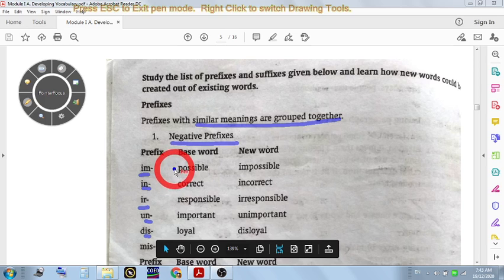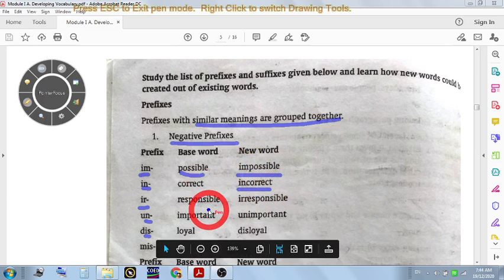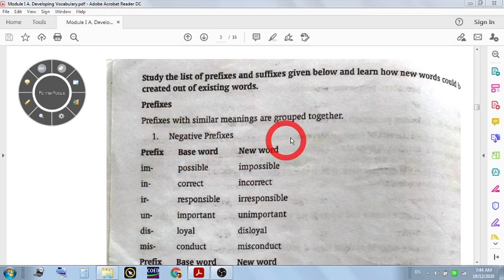These are some examples of prefixes which give the negative or opposite meaning to the base word. So the base word is possible, and when you attach this prefix to the base word, it becomes impossible. Similarly, correct, incorrect, responsible, irresponsible. So these prefixes together are called negative prefixes.